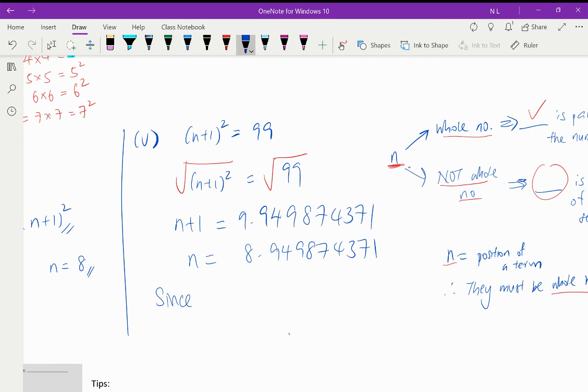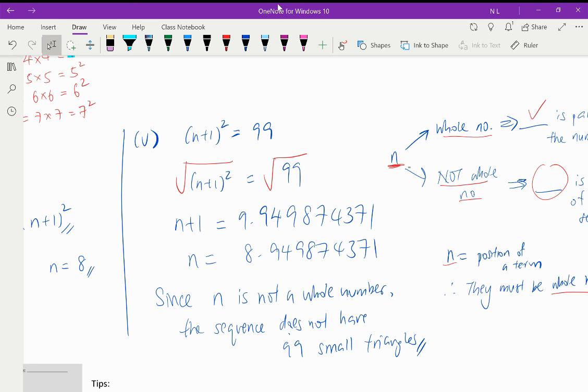And how do you conclude? You just conclude that since n is not a whole number, the sequence does not have 99 small triangles.